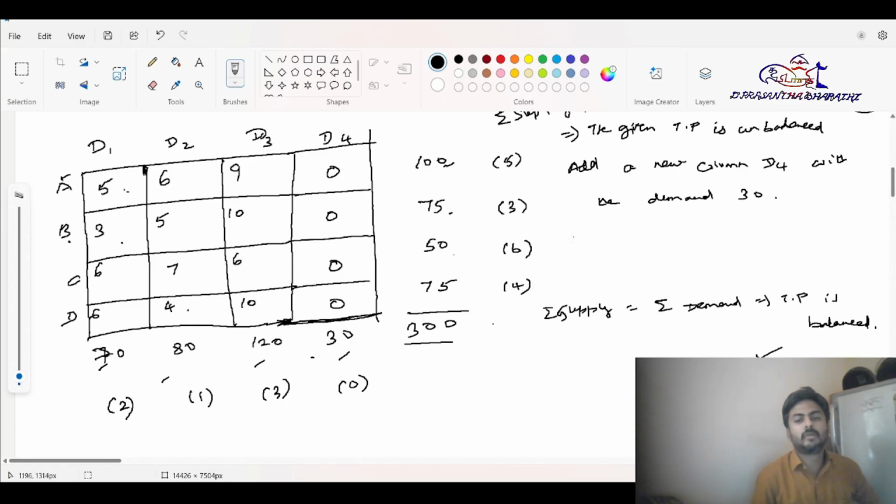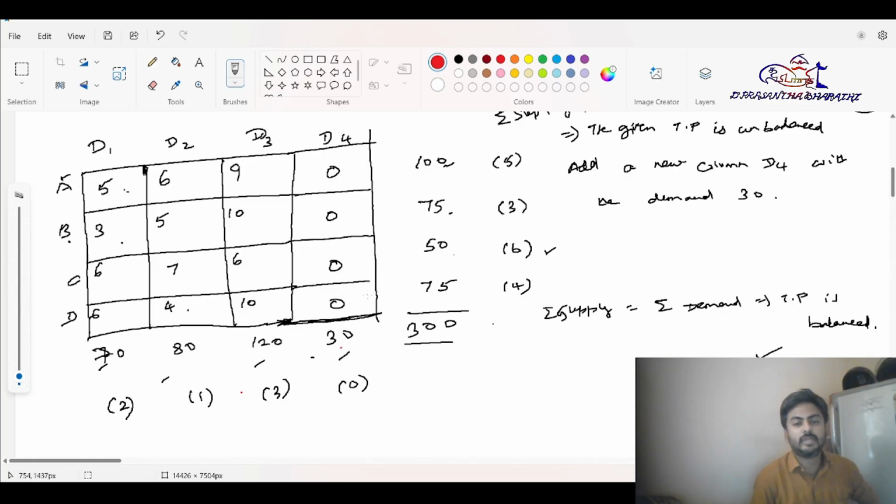So the maximum penalty is 6. Since the maximum penalty is 6, you have to choose this row. In this row you have to choose the minimum cost. The minimum cost is 0. So there you have to assign the minimum of 30 and 50.